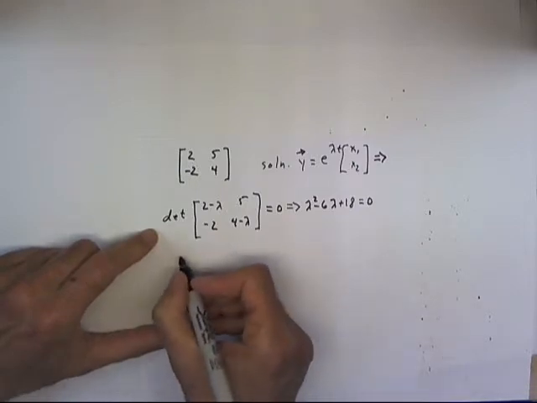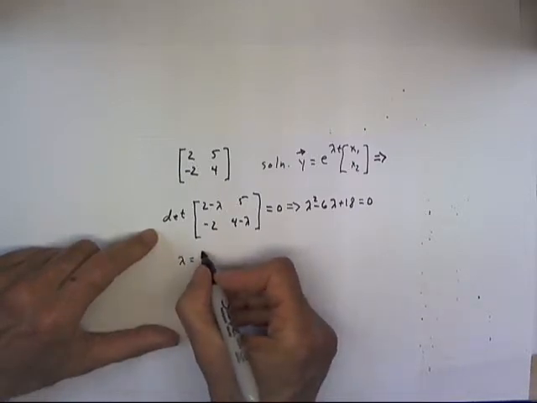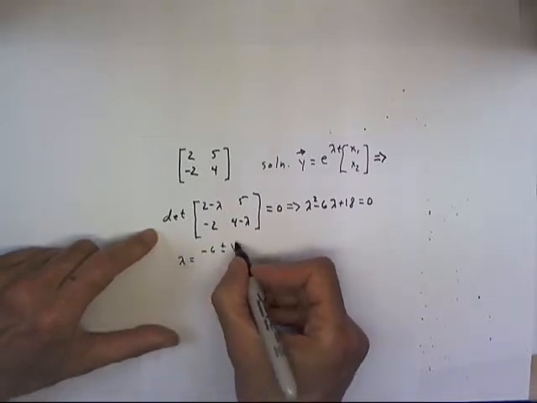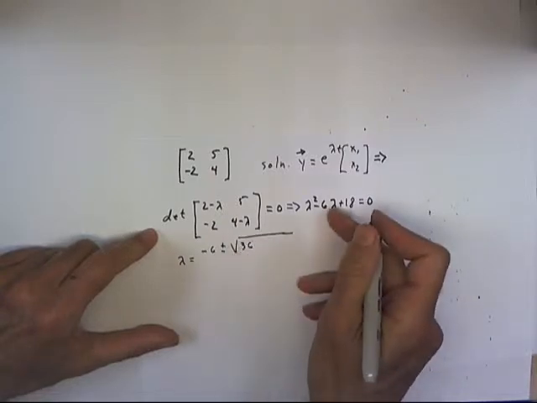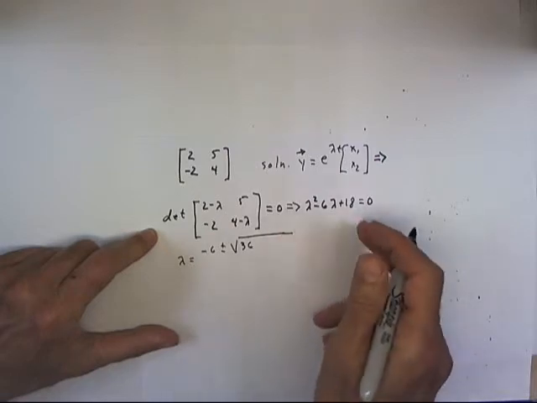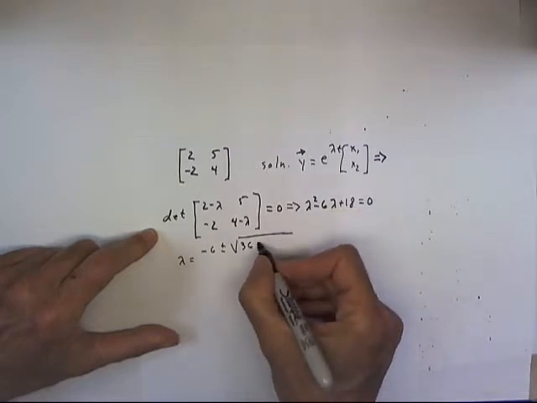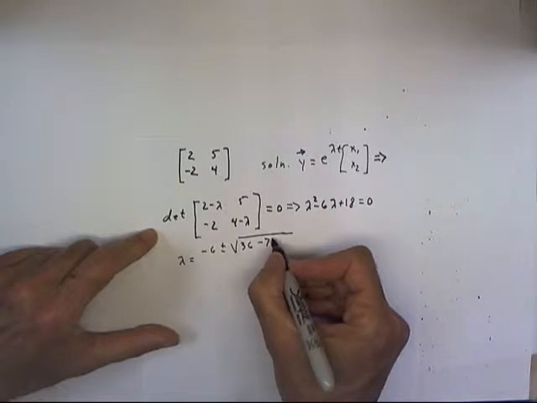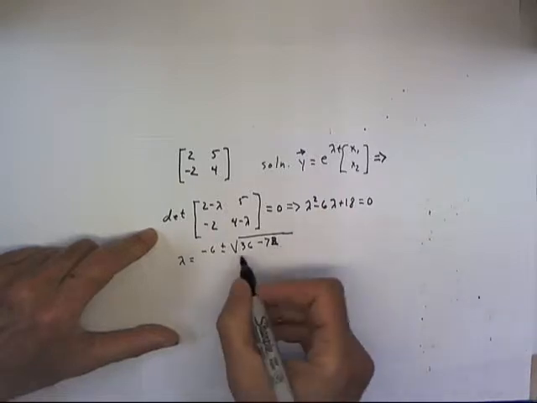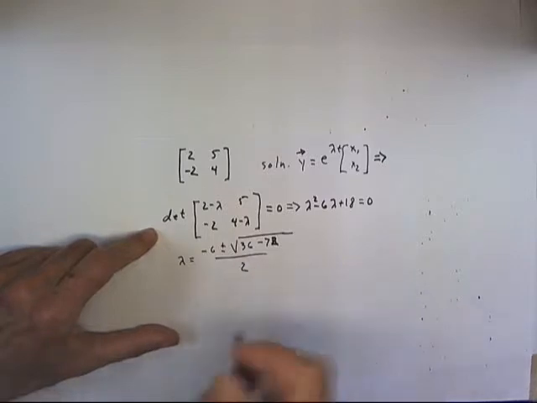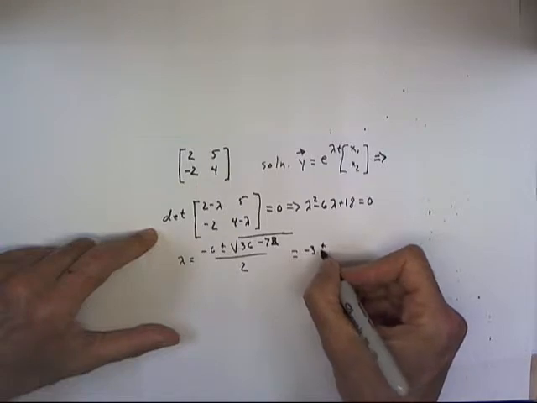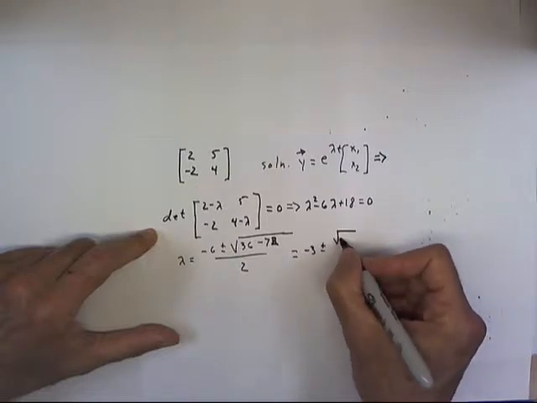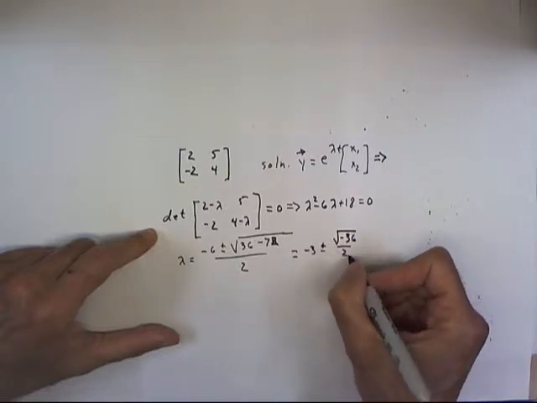Using the quadratic formula, we get lambda equals negative 6 plus or minus the square root of 36, being the square of the negative 6, minus 4ac, which would be minus 4 times 1 times 18, which is minus 72. And that's divided by 2, which is going to then be negative 3 plus or minus the square root of negative 36 over 2.